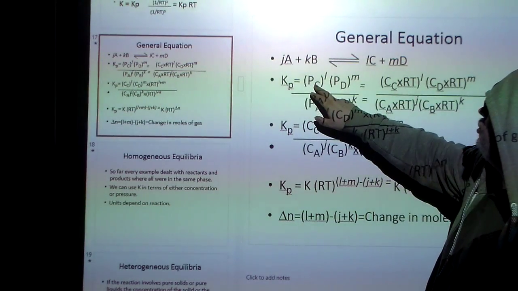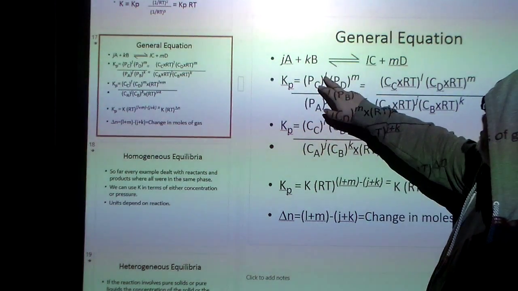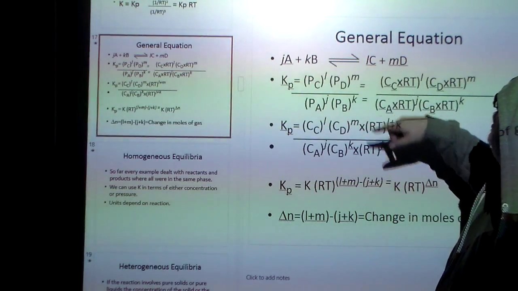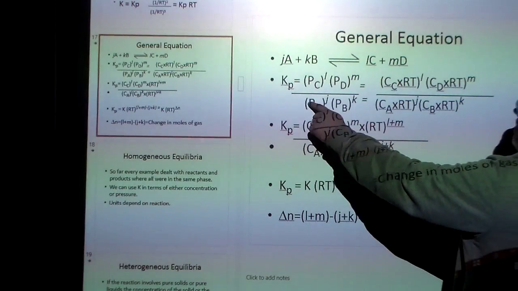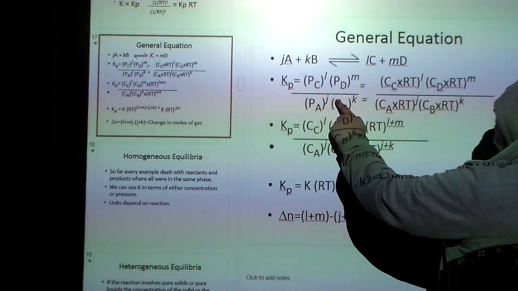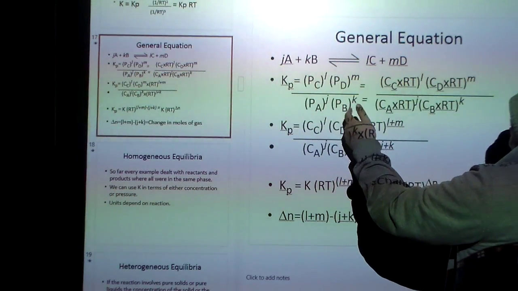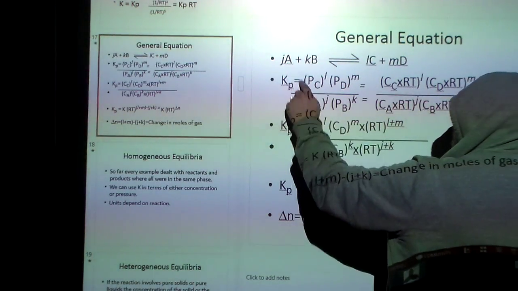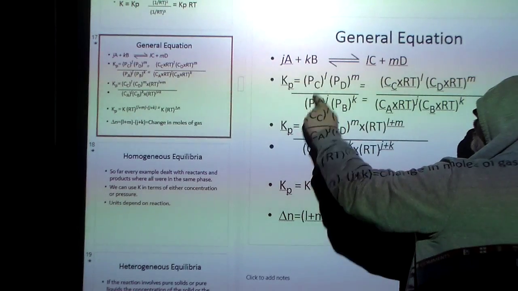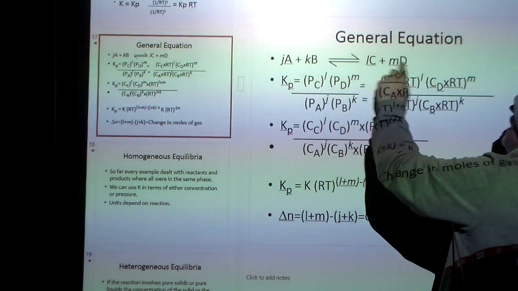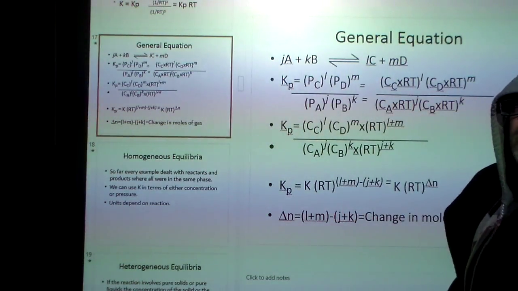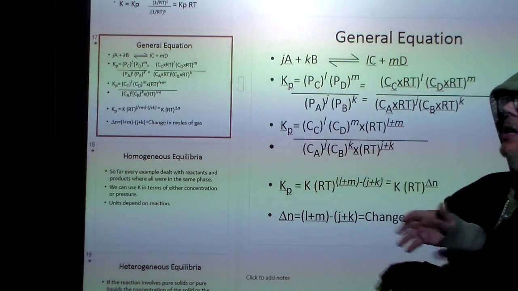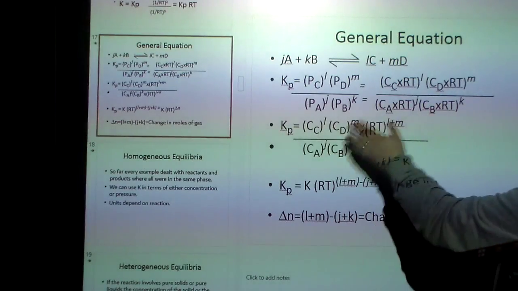That's pressure of C to the l power times pressure of D to the m power, divided by pressure of A to the j power and pressure of B to the k power. We're not doing anything new here. We're looking at the constant for the pressure and plugging in the pressures. This is only true if all of them are gases, because if there are any solids or liquids, that changes things. So this is all gases.